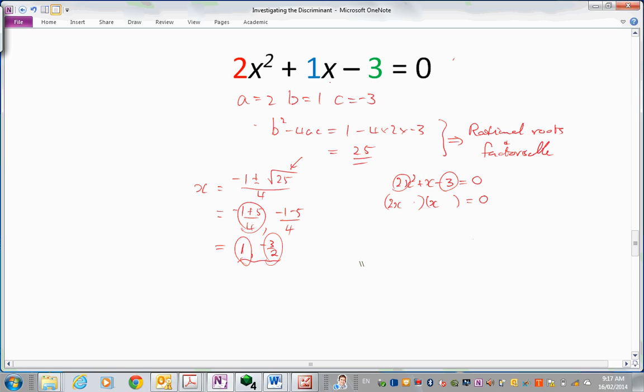Numbers give 3 and 1, so I put them there. Let's try that. And if I have plus and take, I'll get neg 3, which checks. Then I get 3x, take 2x, to give me 1x. So we'll just reverse FOIL here. Don't need any really complicated factorisation techniques.